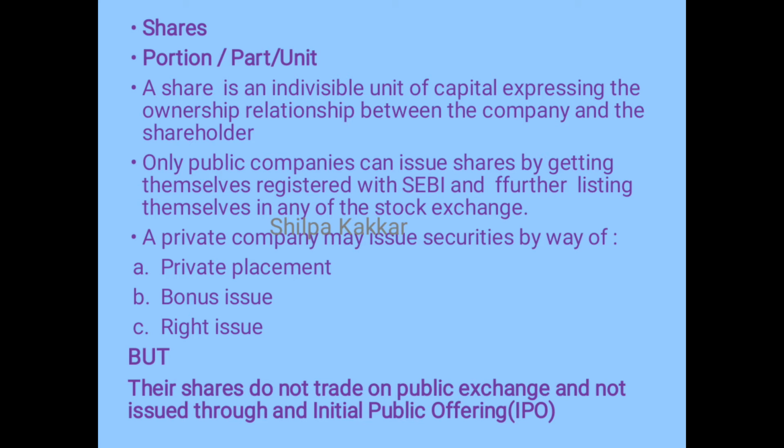They can only raise the capital through private placement, through bonus issues, through right issues. But their shares do not trade on a public exchange and are not issued through an initial public offering.